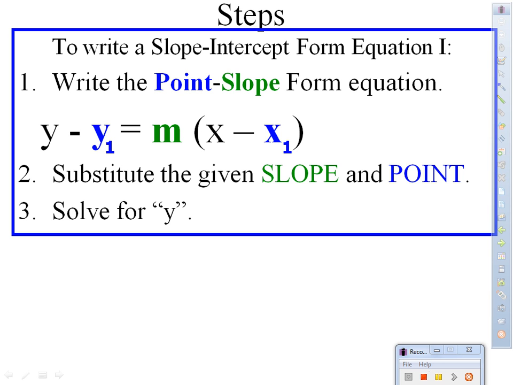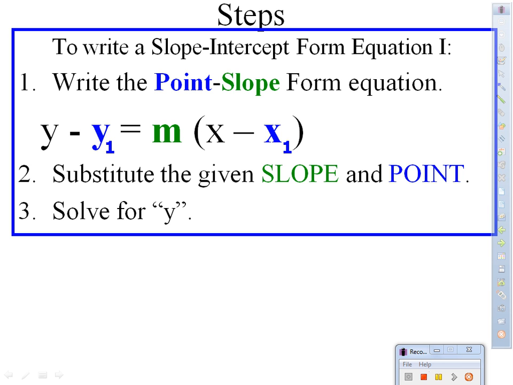Point slope is y minus y1 equals m times x minus x1. Point slope form is y minus y1 equals m times x minus x1. Point slope form is y minus y1 equals m times x minus x1.